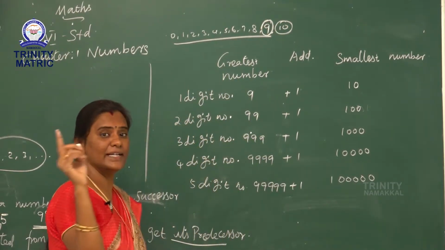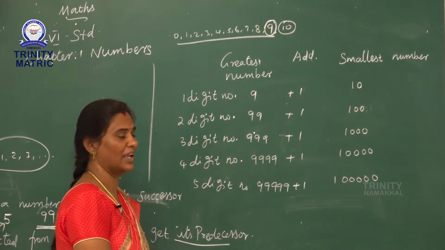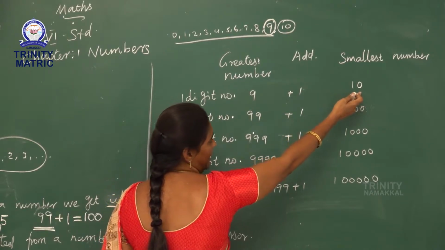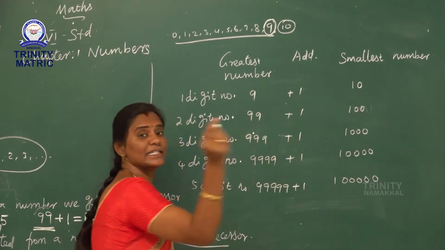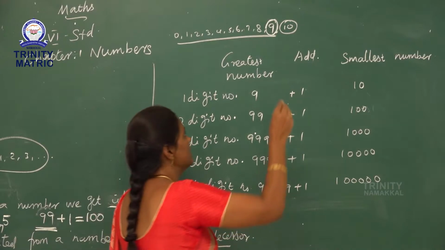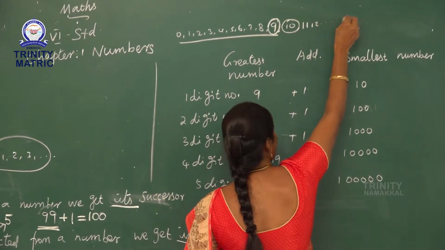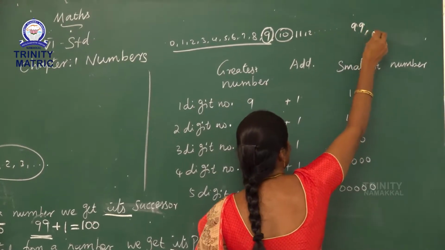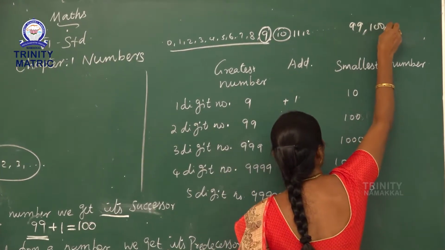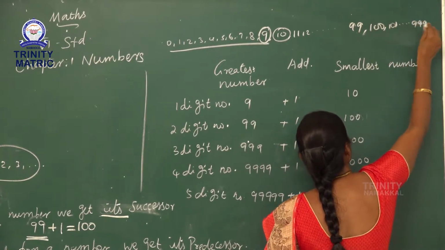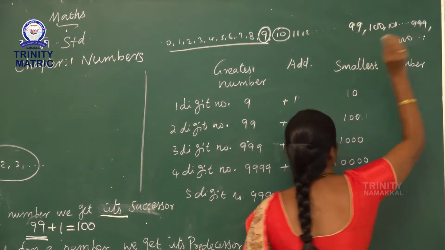So the greatest one digit number is 9. We add 1 to the 9. What will we get? 10. 10 is the smallest 2 digit number. After 9 we get 10, after 10 11, 12, etc., up to 99. Then after 99 we get 100, 101, etc., up to 999. Then we get 1000, etc.